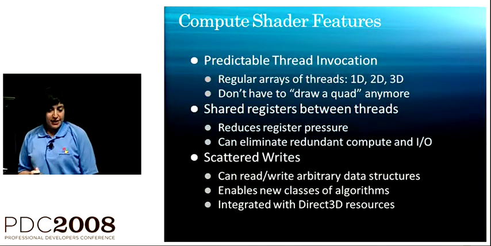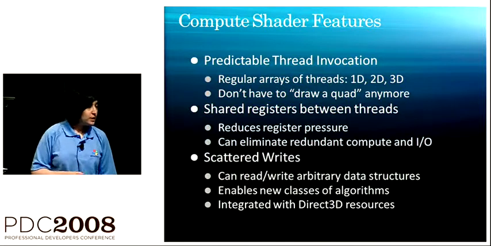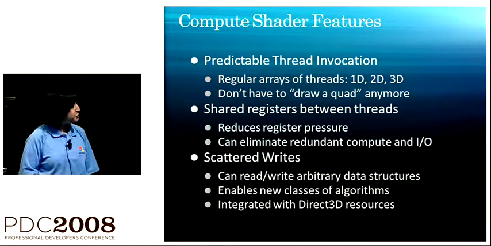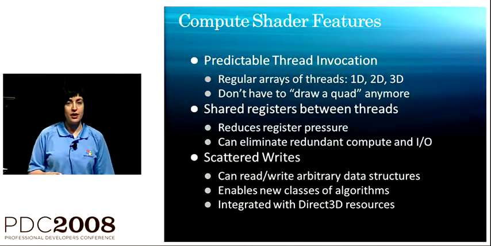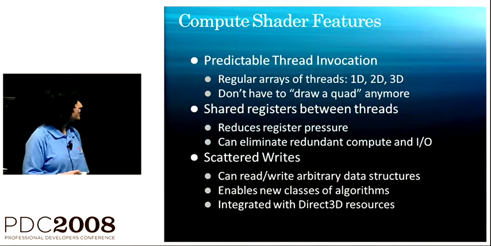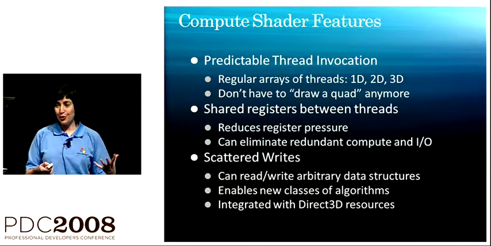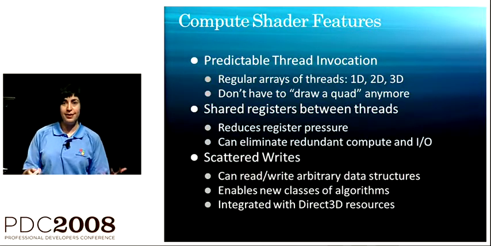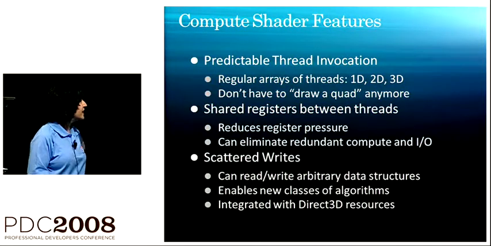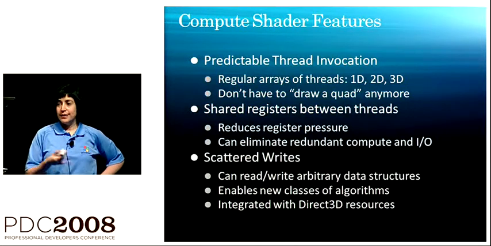Some of the features that it has, again, there's much more documentation on this, are 1D, 2D, 3D thread invocation and arrays. Like I said, you're no longer forced to draw a quad anymore to get the actual thing you wanted at the end. Shared registers, again, super important.